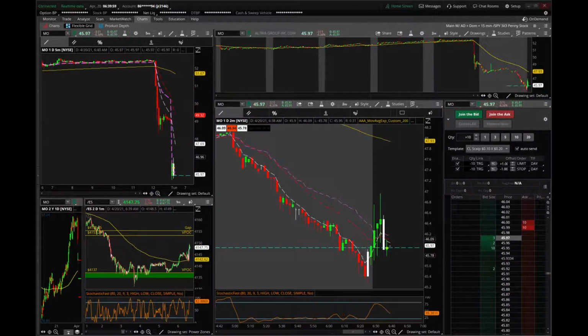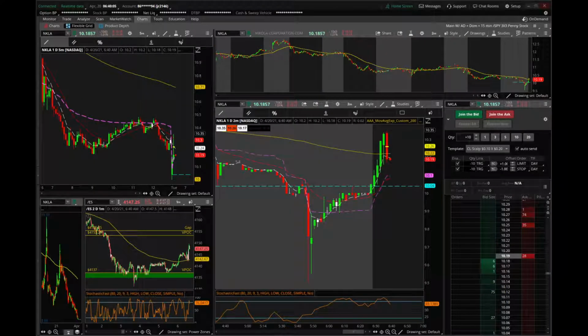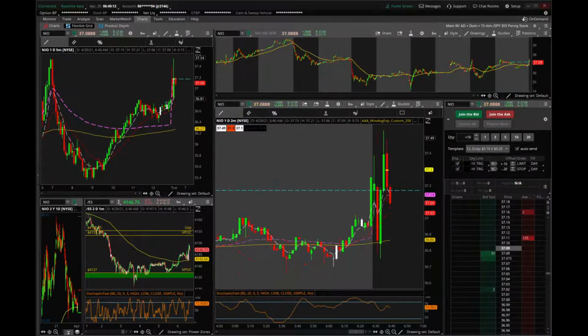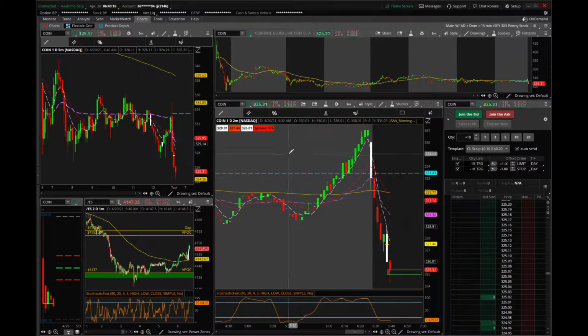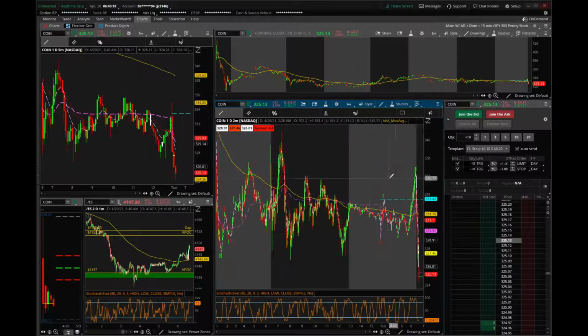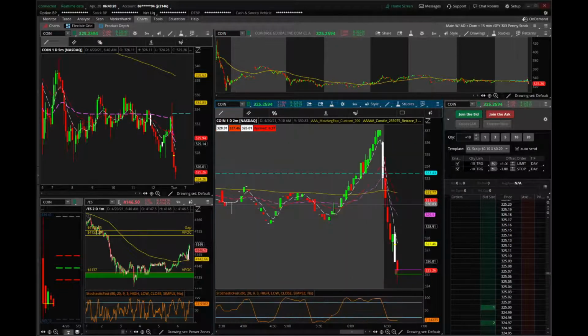MO, really don't like MO. Don't see anything there. NVIDIA or Nikola, not a big fan of it. So I'm going to just start taking some of these things off the watch list. Coinbase, like I said, I'm not a big fan of the way Coinbase trades.